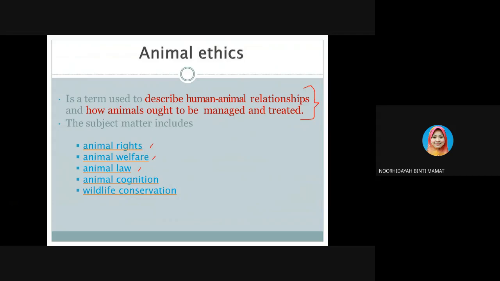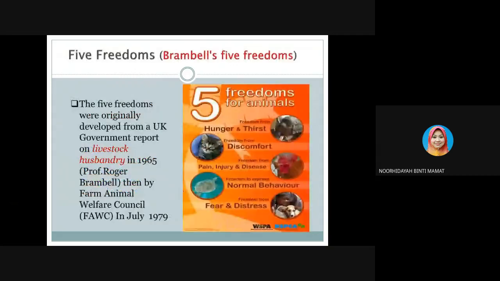There are several laws and acts describing animal ethics, or animal rights. The subject also includes animal cognition and wildlife conservation.